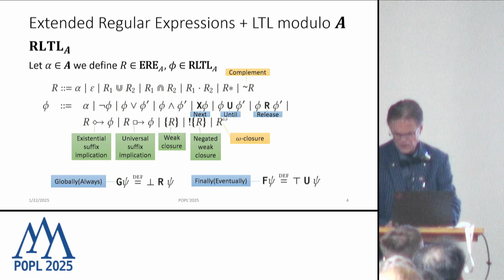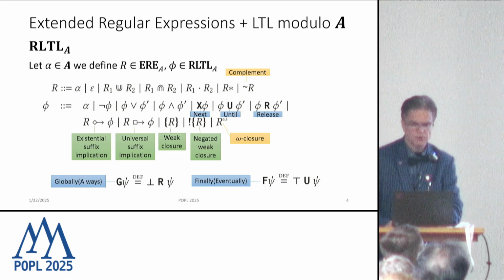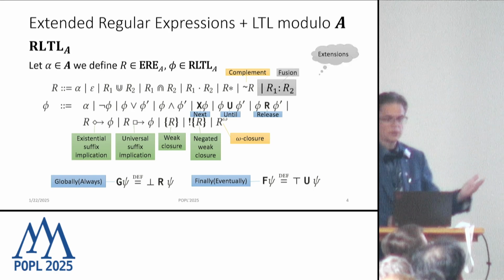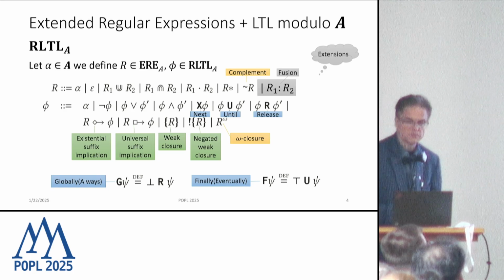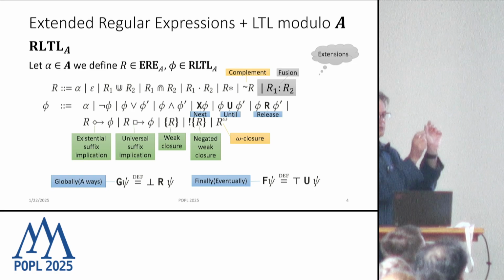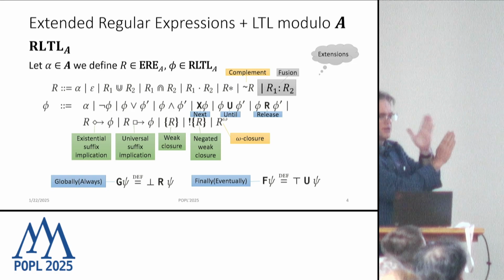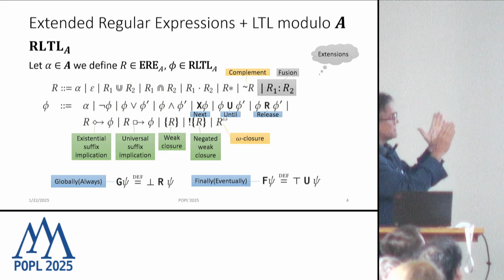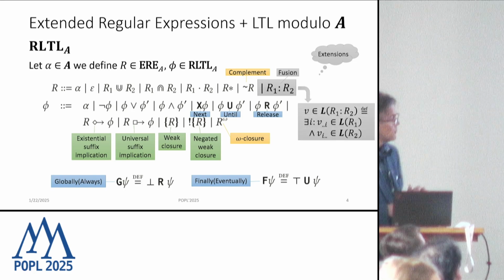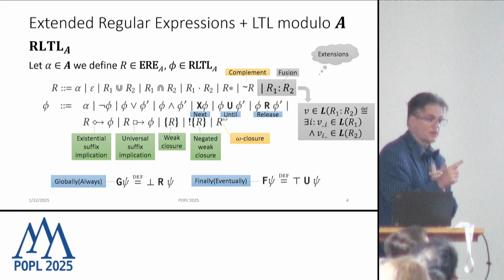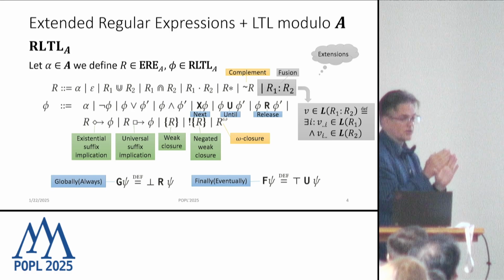And then I want to point out something that is very elegantly supported by derivatives. We don't talk about it in the paper, but I wanted to put it on the slide, which is adding new constructs, such as fusion. Fusion is a very interesting construct where it takes two languages and combines them by looking at the unifying element. So a word accepted by one regular expression R1 has to end with a letter that is then accepted by the regular expression R2.